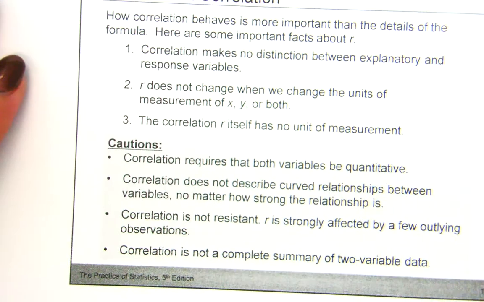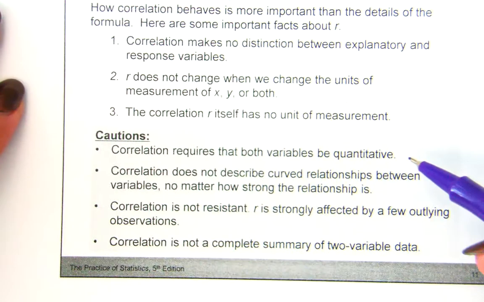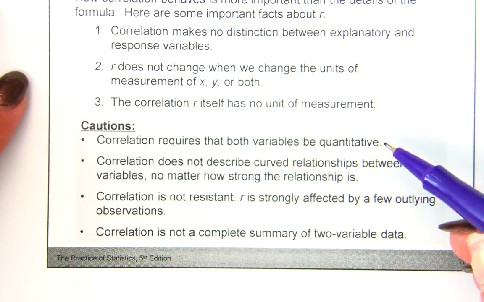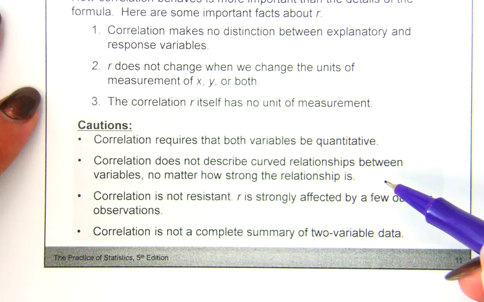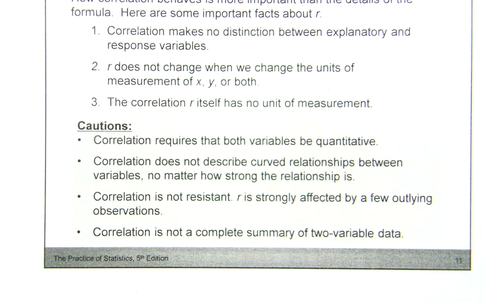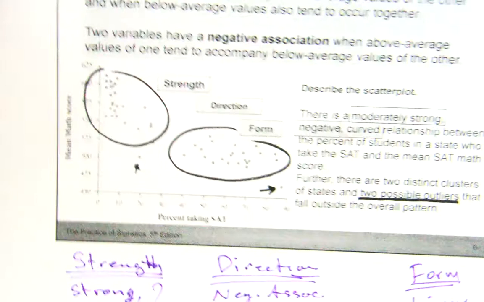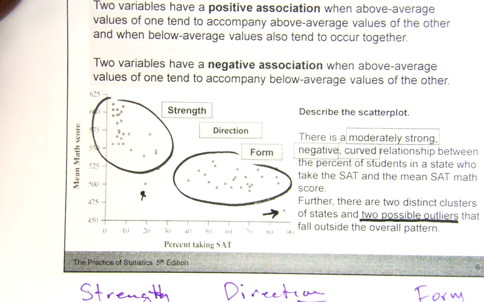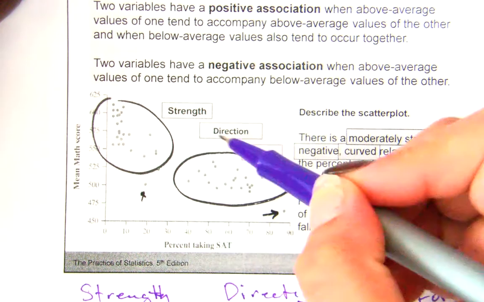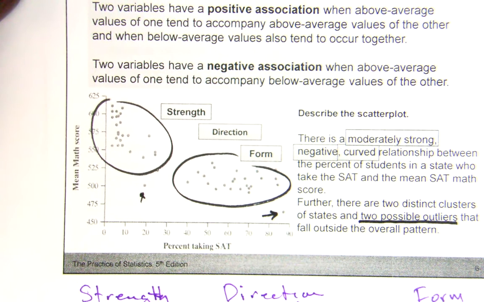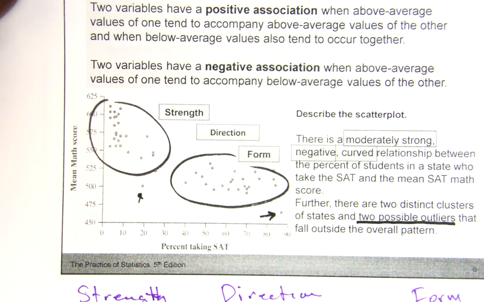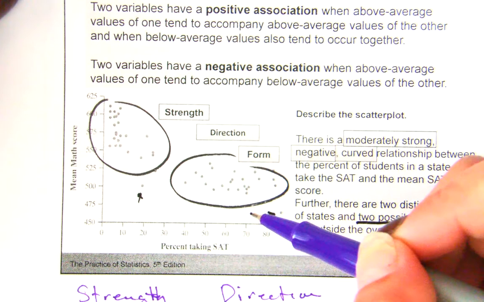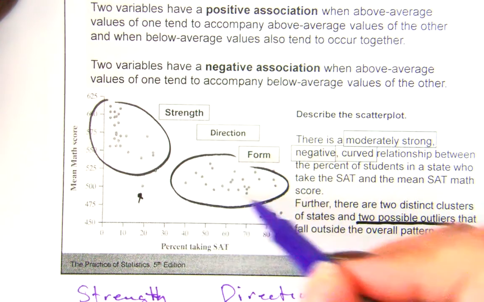Okay, correlation requires both variables to be quantitative, right? You can't have qualitative. It does not describe curved relationships between variables, no matter how strong the relationship is. So for the one that we did first, the one that was slightly curved, an R value, whatever it might be, is not the best thing to use to talk about the association between the data points, because the data is kind of curved.